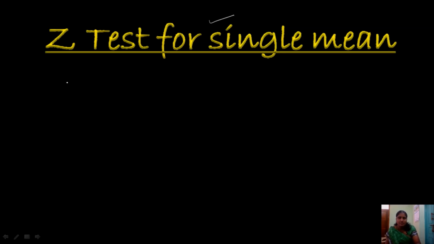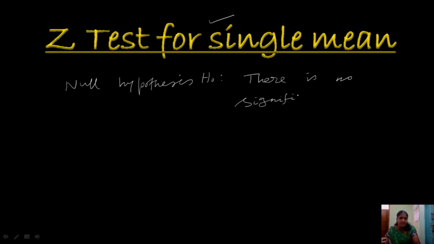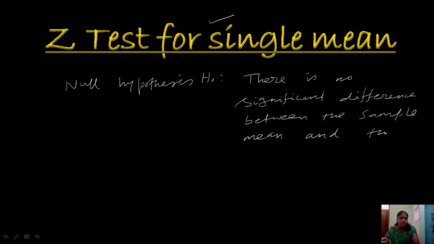So, here we have to set up our null hypothesis H naught as: there is no significant difference between the sample mean and the population mean.